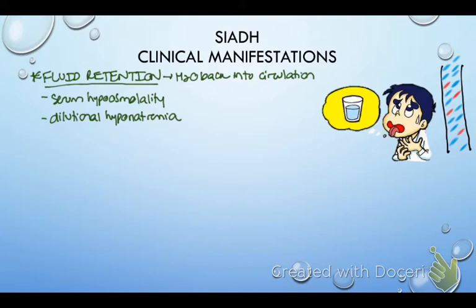So we are going to see sodiums lower than 135, right? When we have low sodiums, what kind of signs and symptoms are we going to be seeing? Muscle cramping, twitching.